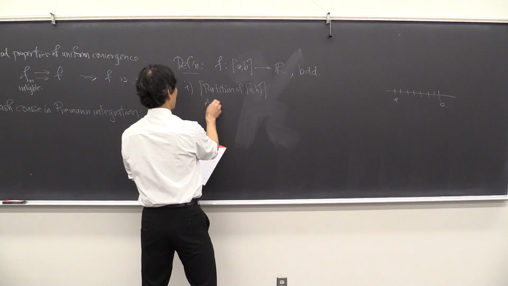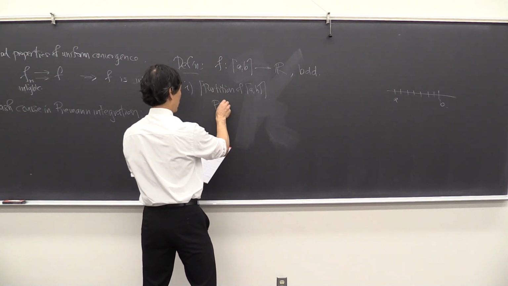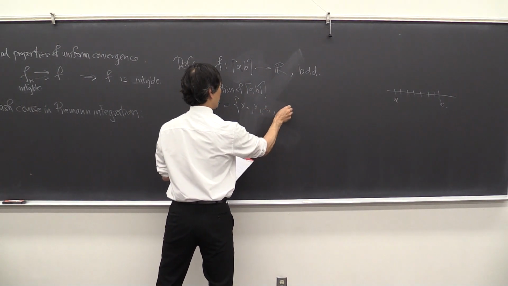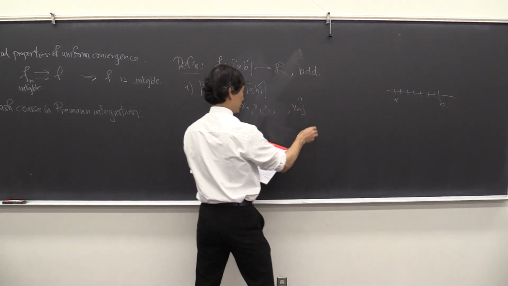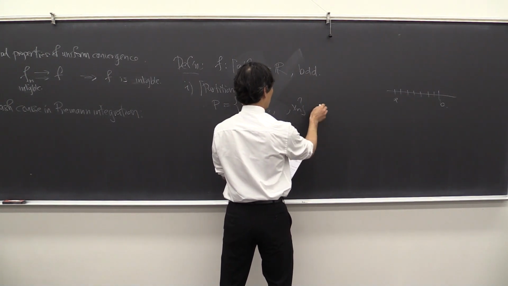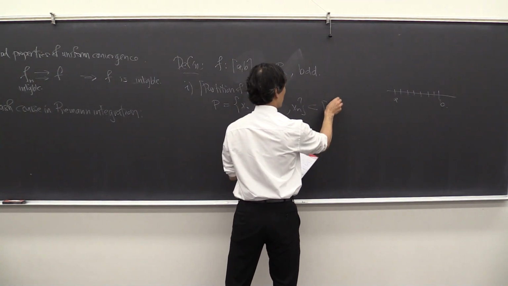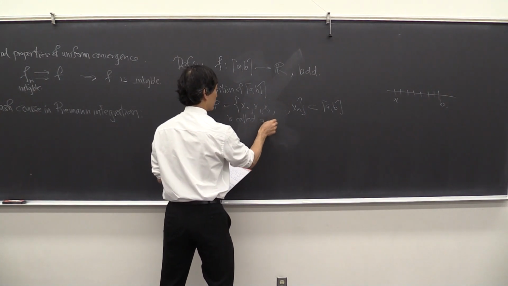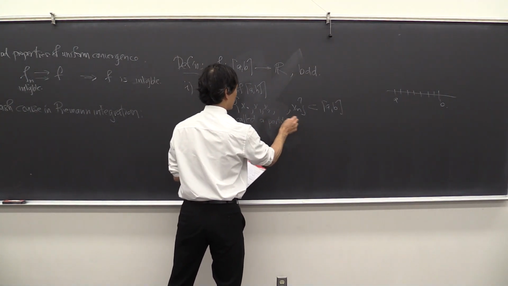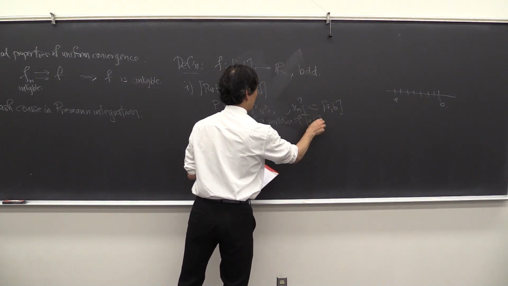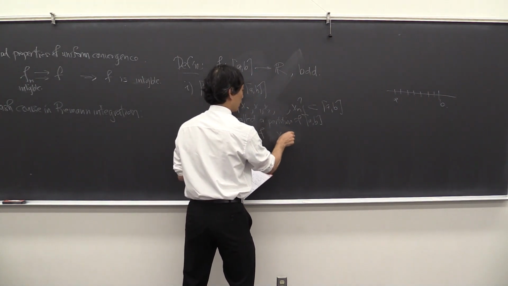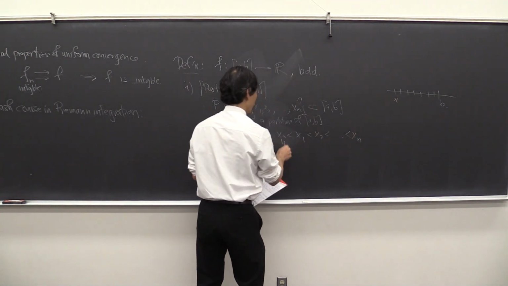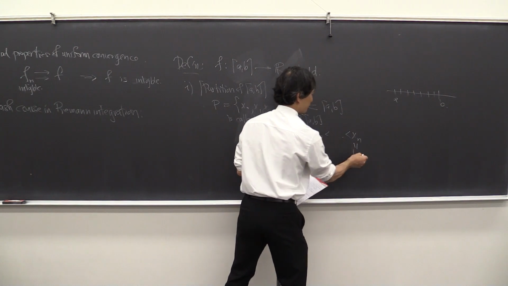A set of points P being x0, x1, x2 through xn, all in [a, b], is called a partition of [a, b] if they're strictly increasing, and the first one is a and the last one is b.